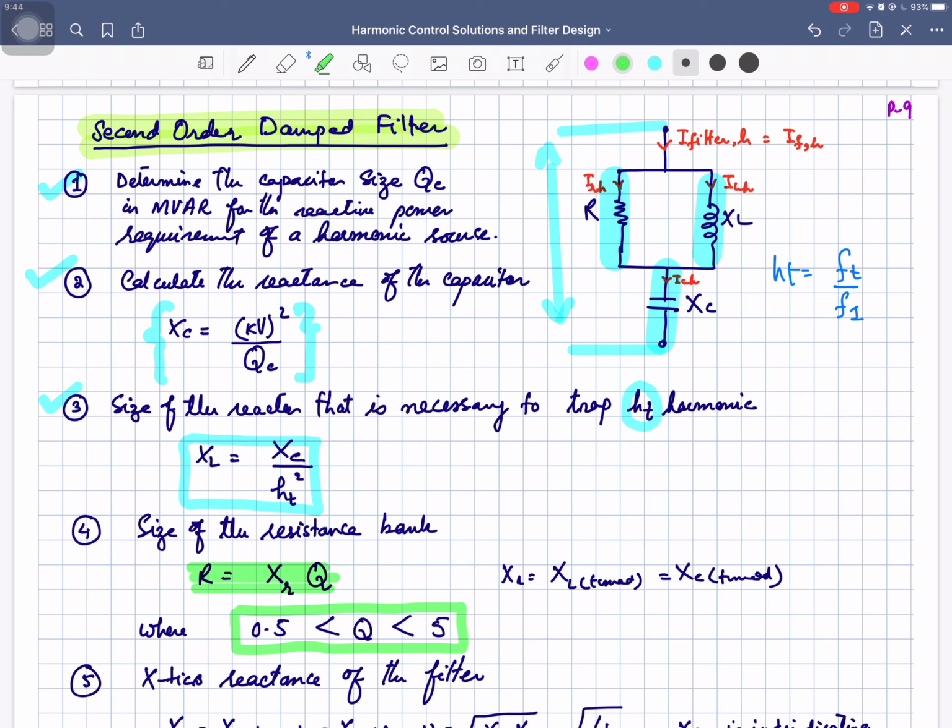So for a given quality factor, we calculate the required resistance that needs to be connected. Where this XR is the resonant reactance, that is XL tuned, that is equal to XC tuned at resonance. So that is the characteristic reactance or the resonant reactance.